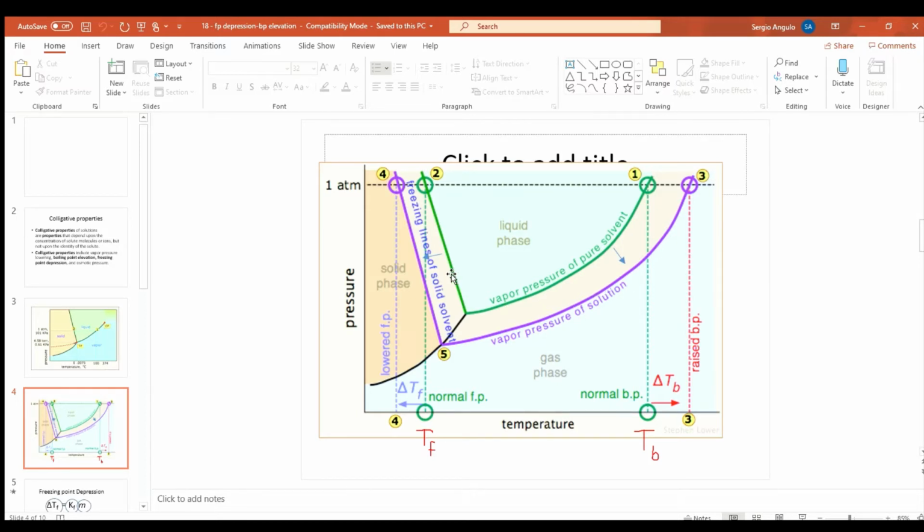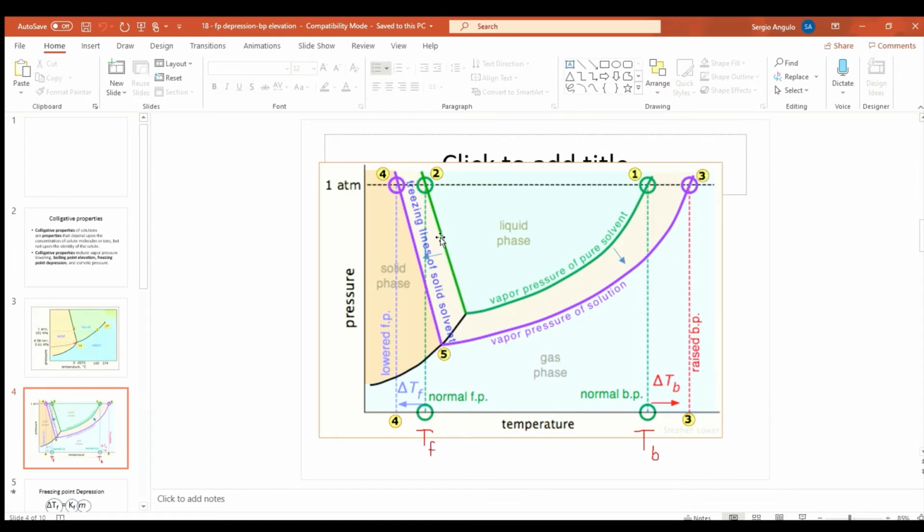Same thing on this side, it gets pushed here toward the left. Right? So basically it kind of comes down. And now your solution is going to have a different line. So the purple lines represent what the solution properties look like. The green lines represent what that solvent by itself, without any solute in there, looks like.